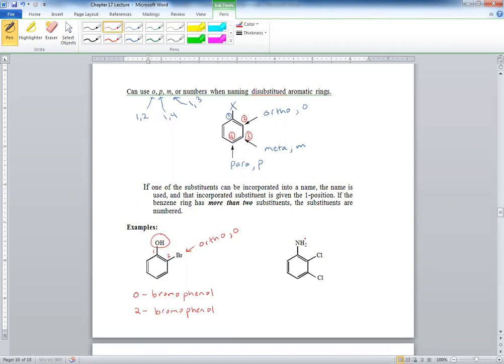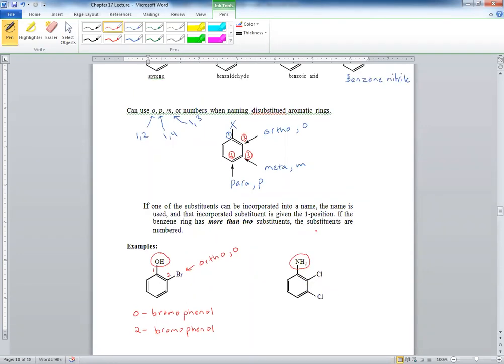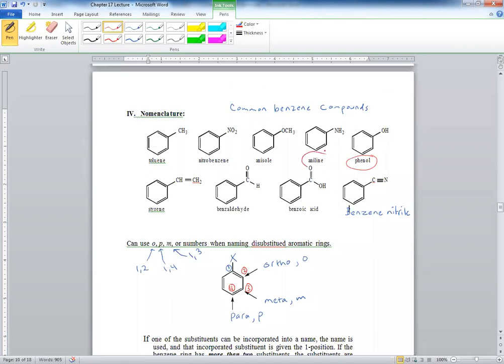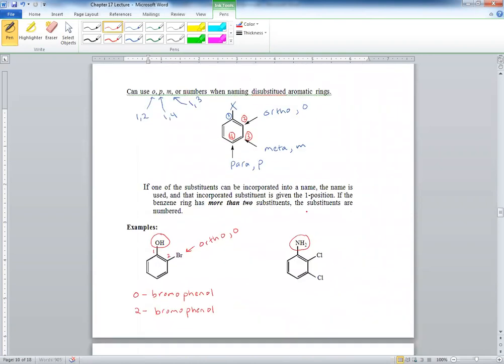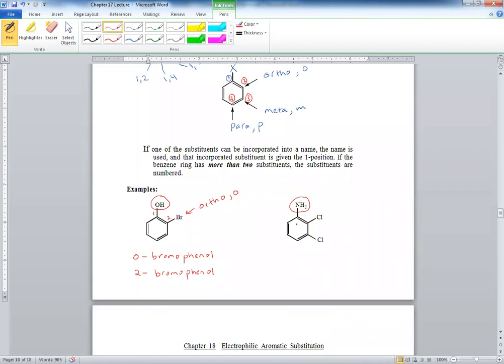If you have three substituents, again, you have to look for one with a common name, and that would be the aniline. So if you look over here, that's aniline. And then you have two other substituents. So you would say, okay, this is 1, this is 2, and this is 3. So you have two groups at the 2 and the 3. In this case, do not use ortho, para, meta naming.